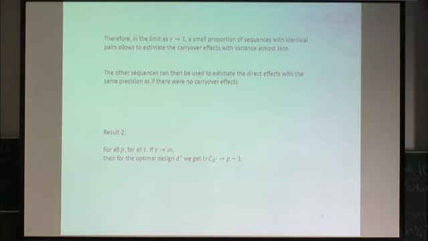And we therefore can show our result 2 for all p if gamma goes to infinity. Is it infinity? I think I mean 1. I do mean 1, yeah. The optimal design will actually attain the upper bound. And so there was no way to improve largely.